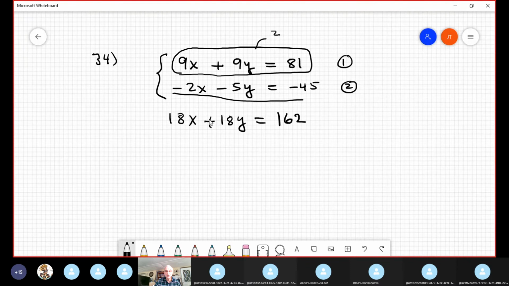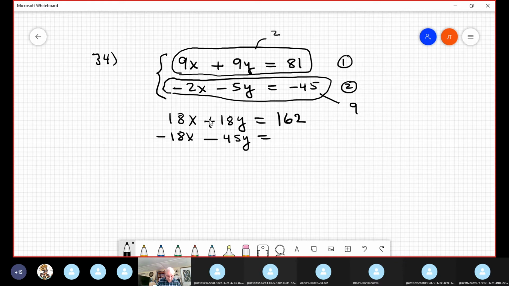So multiplying this equation by positive, I think positive. 9 times 2, 18, but negative 18. Wow, good, because it's negative here. This is negative 45. And 45 times 9, put in my calculator, 45 times 9, 405. Wow. It's negative.